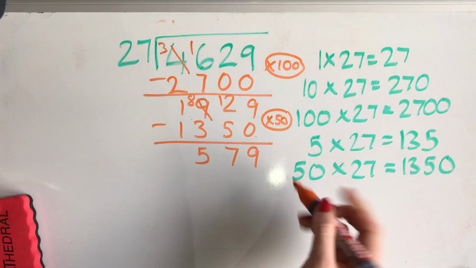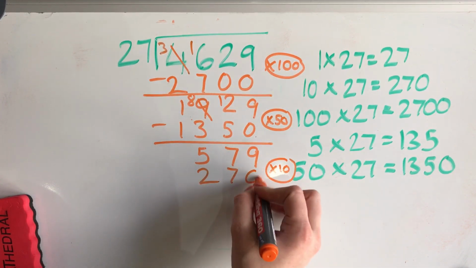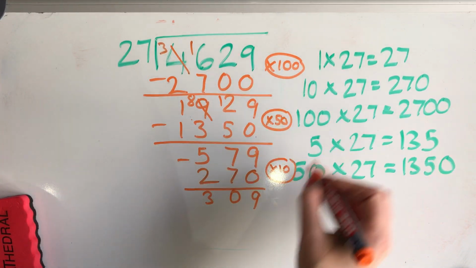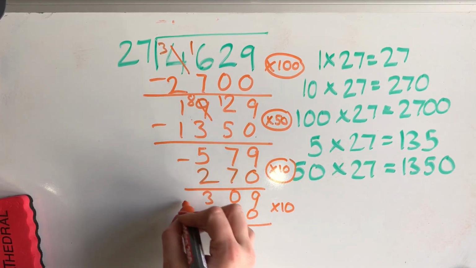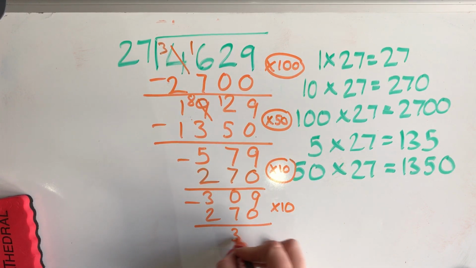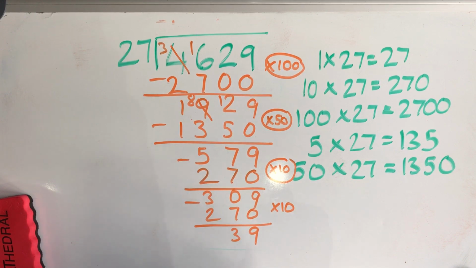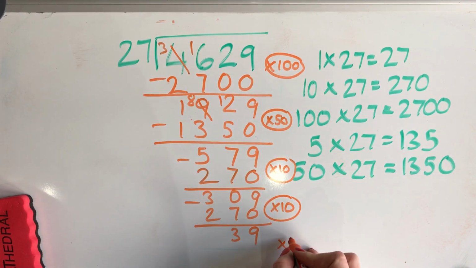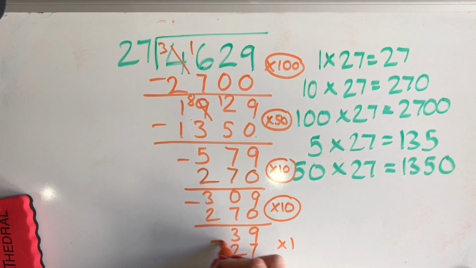So I could take out a group of 10, which is subtracting 270. I could take out another group of 10, which is going to leave me with 39. And then I can take out a group of 1, which would be taking away 27.